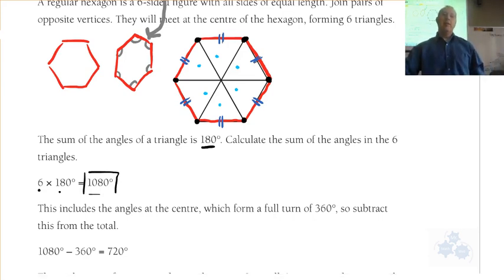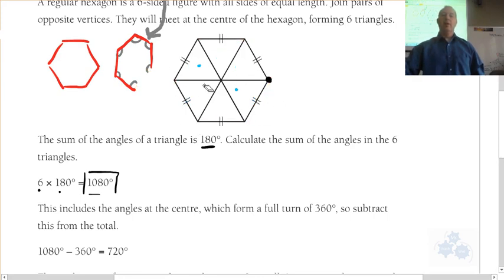And what that means is this, and I'll just erase some of these lines of mine now. So what that means is this. This angle, and this angle, and this angle, for all 6 triangles. Okay? So I'll just do this real quick here. Okay? So all of those angles added up is 180, right?